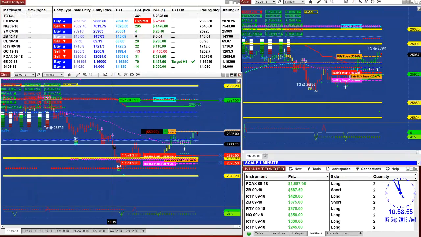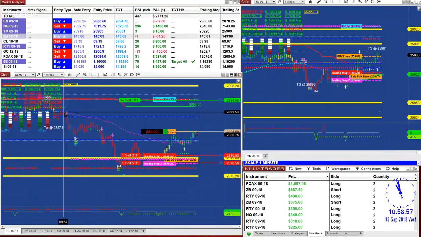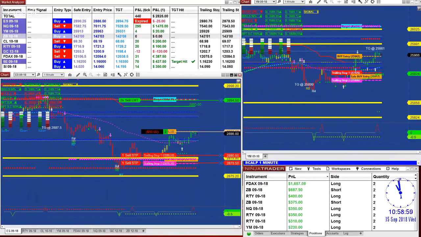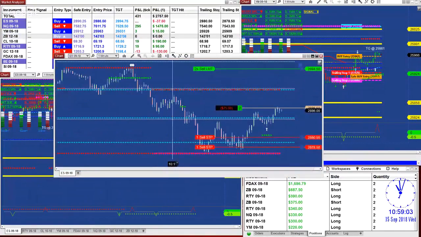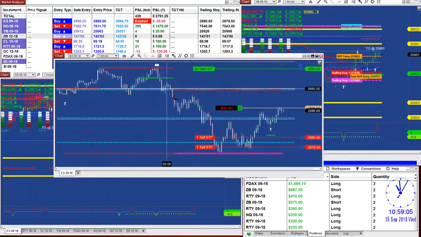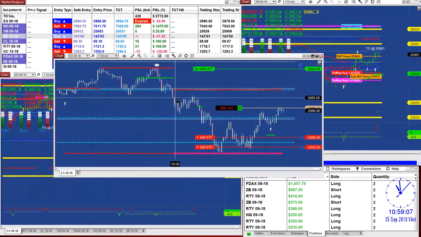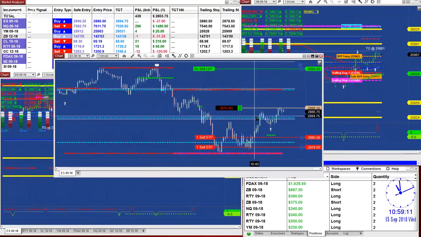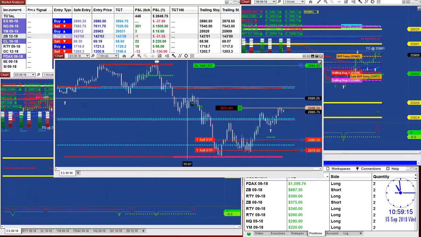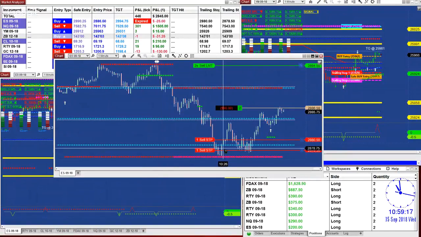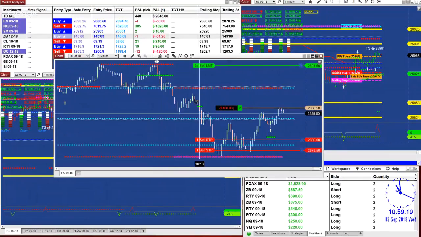We don't know. Nobody knows. But we had a good run on the ES, and we caught this good run, whether you are swing trading or trading price action. For an ES, this is a very nice run, okay?